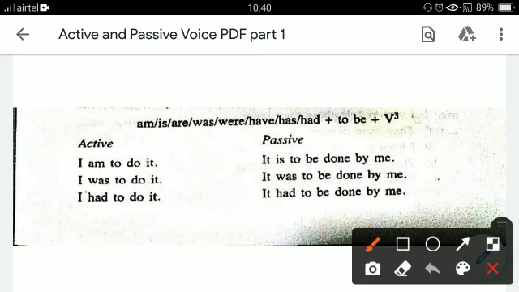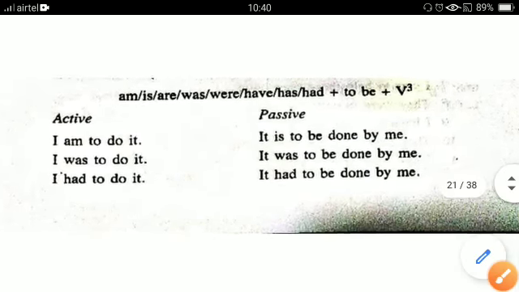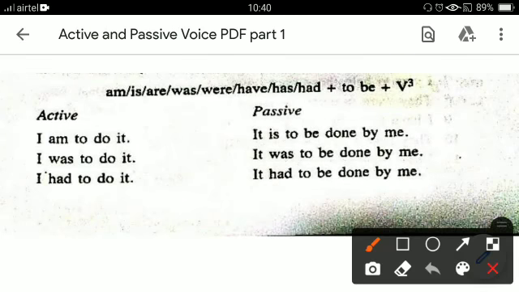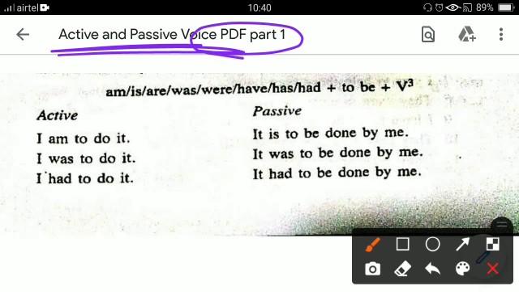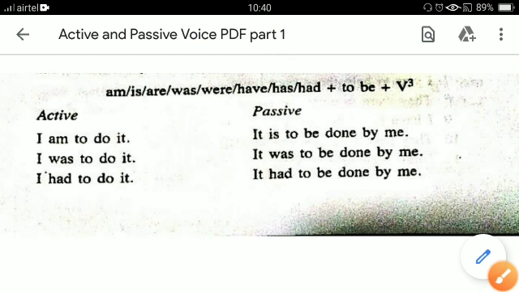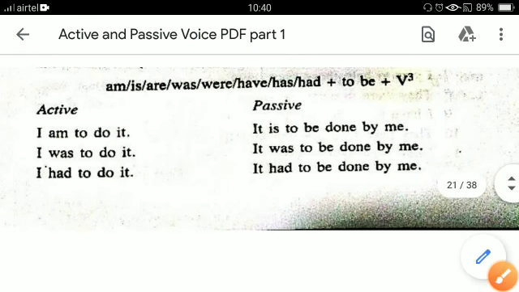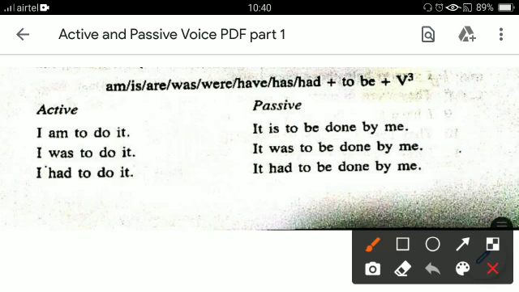Hello students, in this video I continue with the PDF part 1 regarding active and passive voice, and this is page number 21. See, this is the passive voice formula.